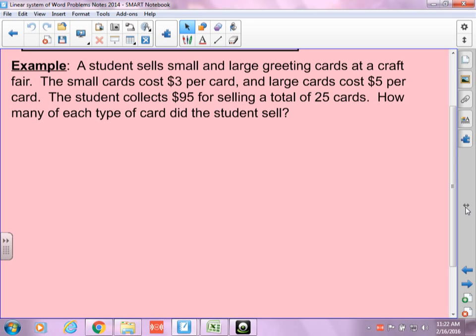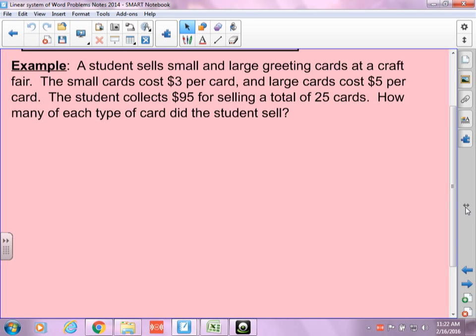Okay, so we're talking about what? Cards, right? So there's 2 types of cards, and we're trying to find out how much they sold, correct? All right, so step 1 is done. We read the question, we kind of understand what's going on.